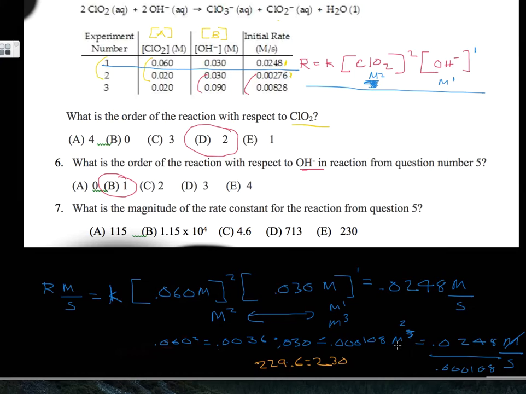And units, because this is dividing by molar squared, second stays on the bottom, and since we canceled one molar unit, it's going to have units on the bottom of molar squared seconds. So 230 times second to the -1 molar to the -2.